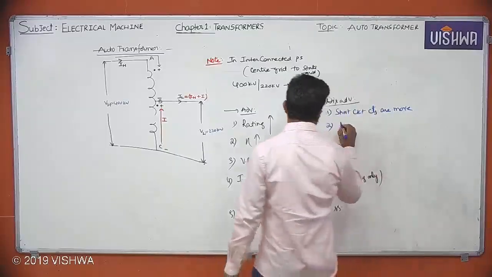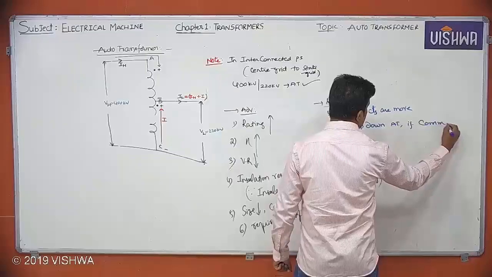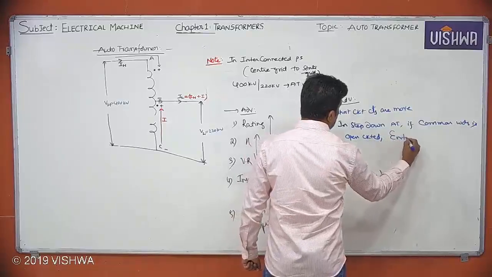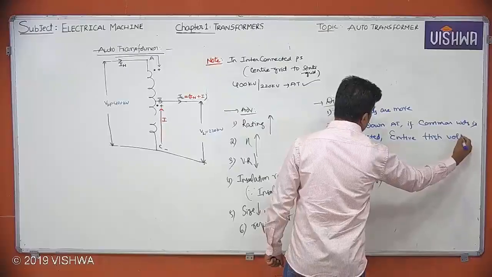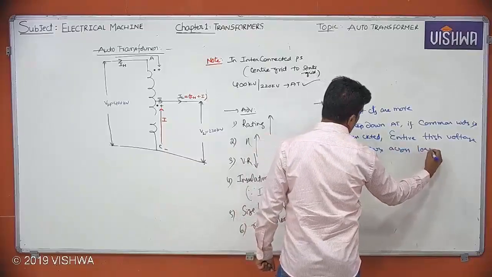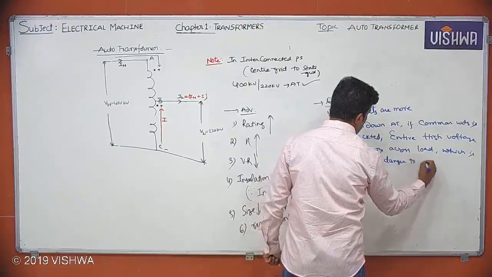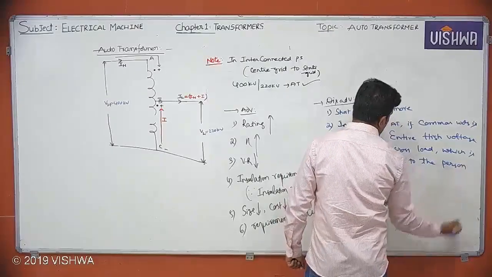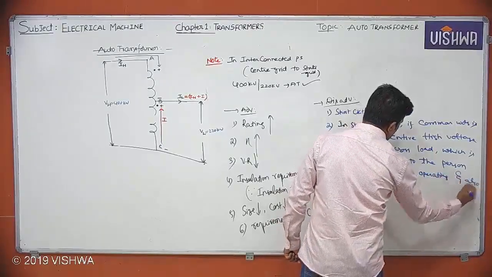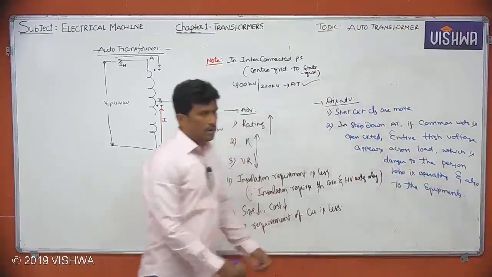So, in the second point: in a step down auto transformer, if the common winding is open circuited, the entire high voltage appears across the load, which is a danger to the person who is operating and also to the equipment.